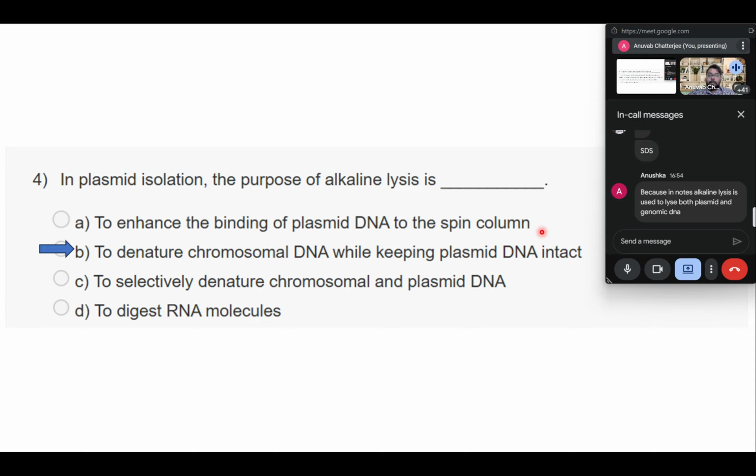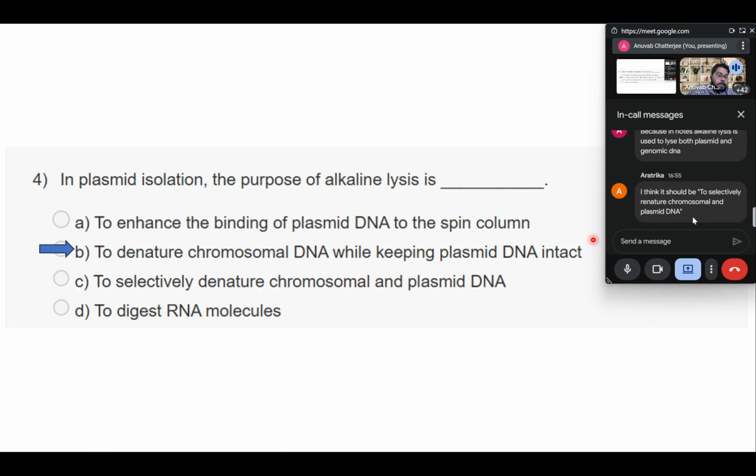But you see that none of the other options are even further gone. Alkaline lysis is not binding to spin columns. It does not selectively denature chromosomal and plasmid DNA. It denatures everything. And it does not even digest RNA molecules. You see RNA molecules as well when you run the final gel. We have to treat the entire thing with RNase, which is an enzyme that eats away at RNA, to prevent contamination. RNA is also a nucleic acid, around the same size, a bit bigger than the plasmid, but it can do everything that the plasmid can.